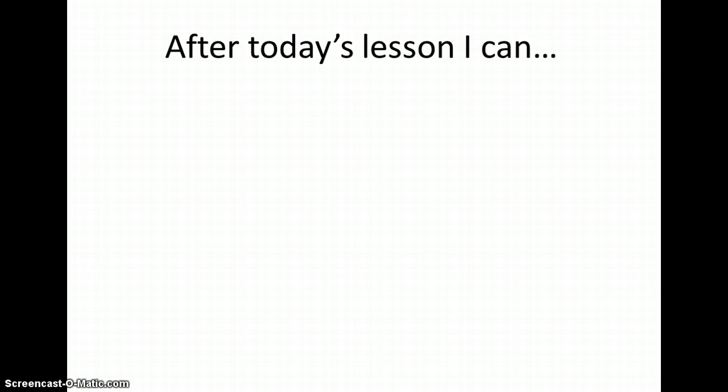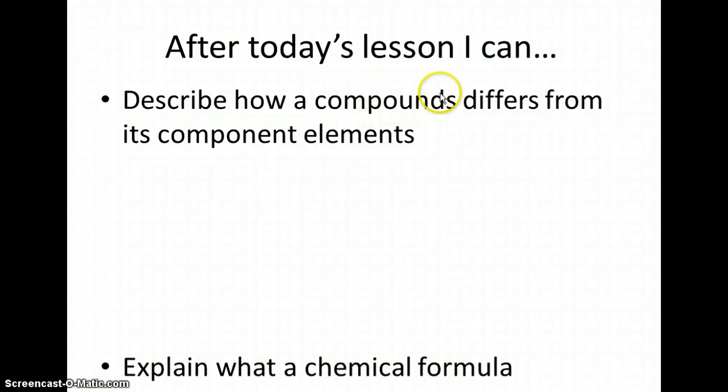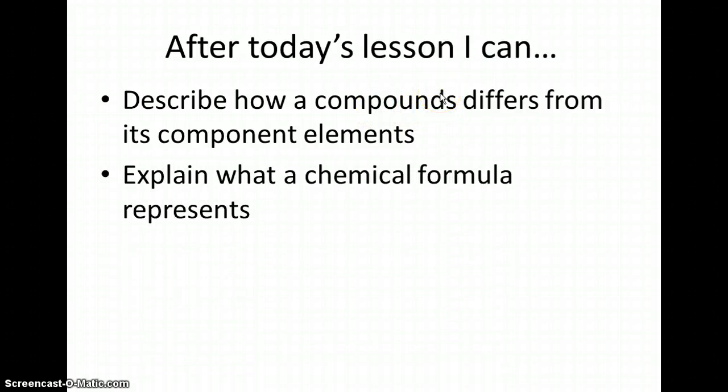After today's lesson, hopefully you can determine how compounds differ from their component elements. Compounds are made up of elements, so hopefully we'll be able to look at the symbols and figure out whether there is one element or more than one element in that compound. The second thing is to explain what a chemical formula represents.